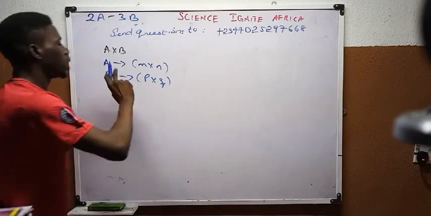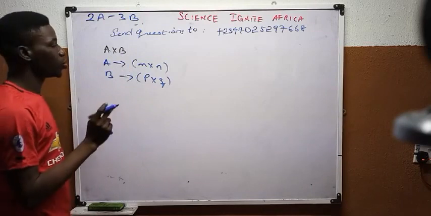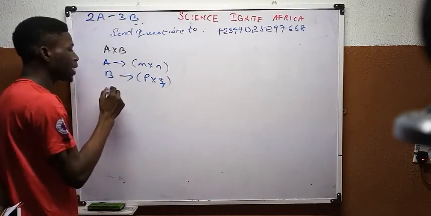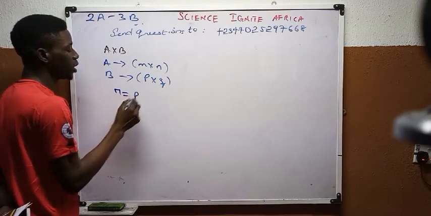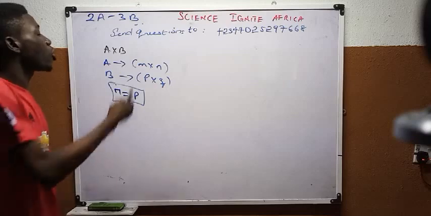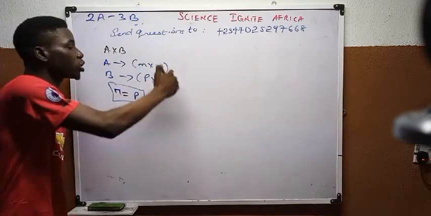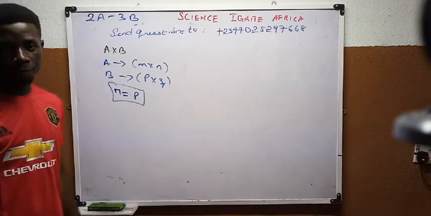The rule says that before A times B can be possible, n must be equal to p. Look at that. That is, the number of columns of the first one must be equal to the number of rows of the second one.